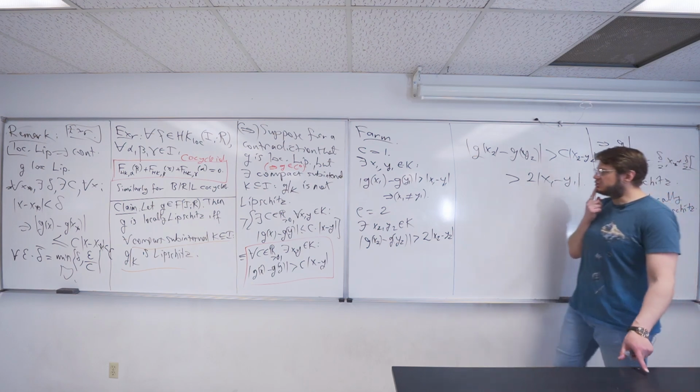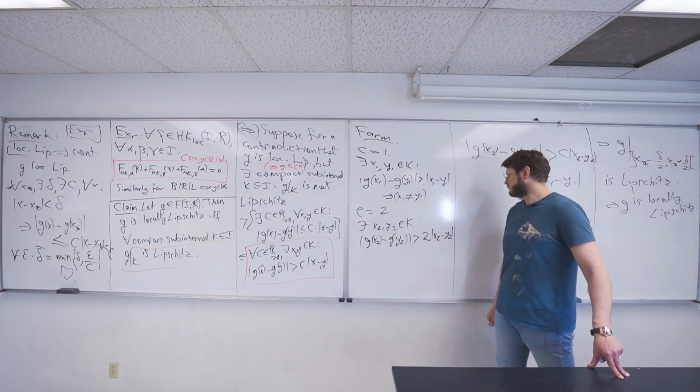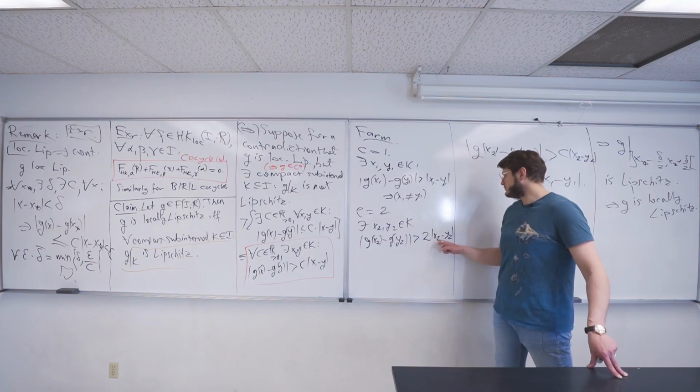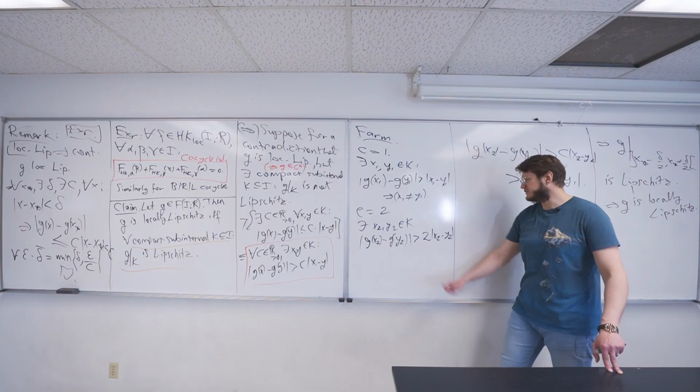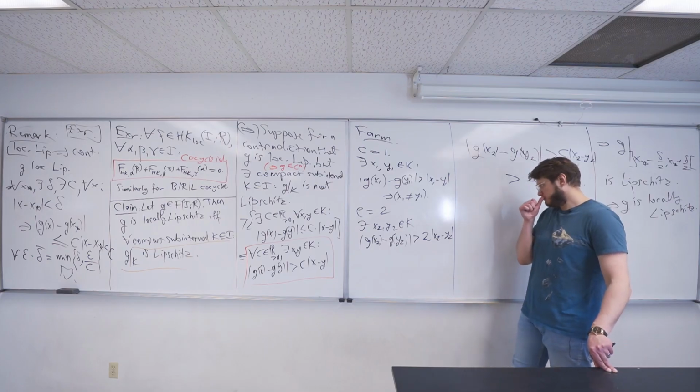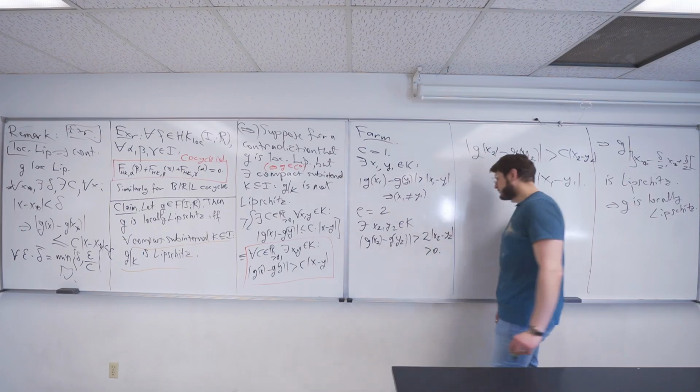Again, by the same argument as before, I can say that this is positive. They cannot be the same point, because otherwise this would be 0. And this is a strict inequality. So it's a positive number.